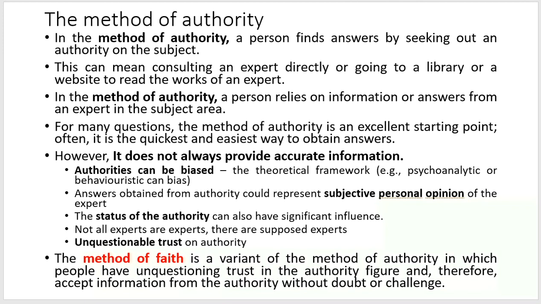Authorities can be biased because of their theoretical framework. For example, if you ask why abnormality develops, a psychoanalyst will say that it is because of the unconscious conflicts which are always going on within our mind. But when you ask a behaviorist, he will give a different answer. No, we learn all the things.